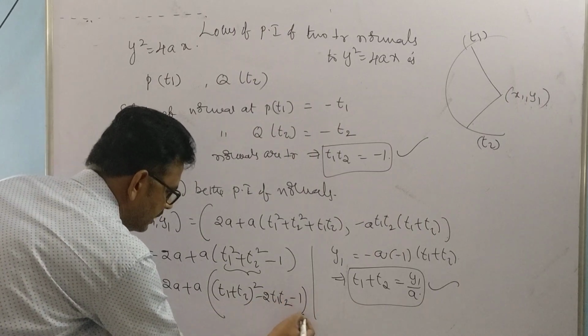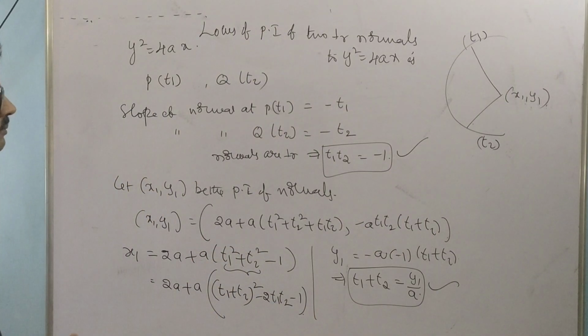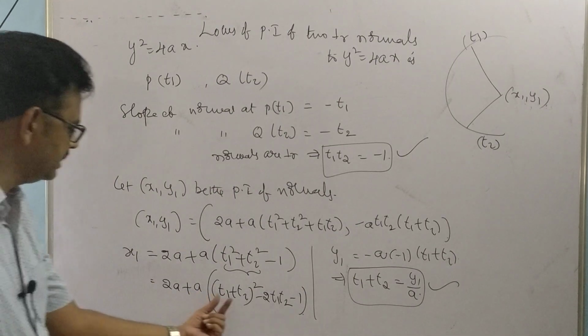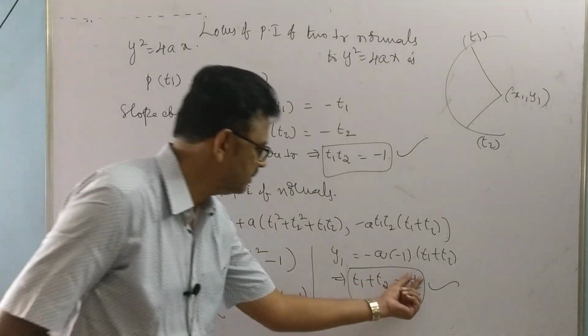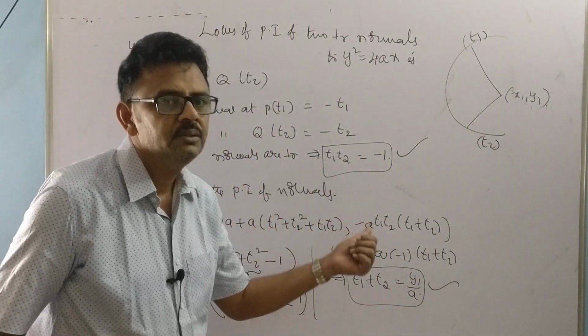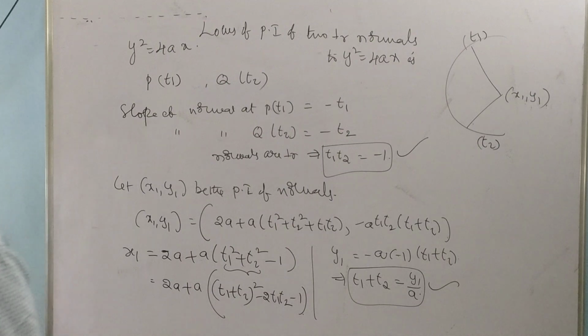Next, where t1 plus t2 is y1 by a and t1 t2 is minus 1, then you get the answer, that is the locus.